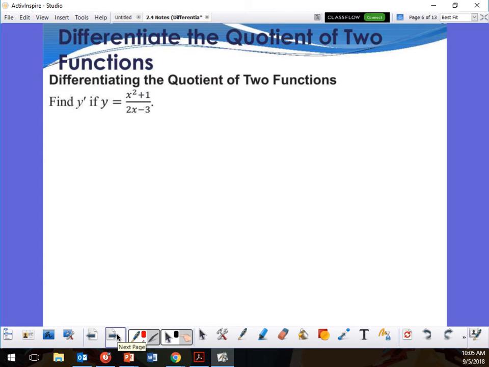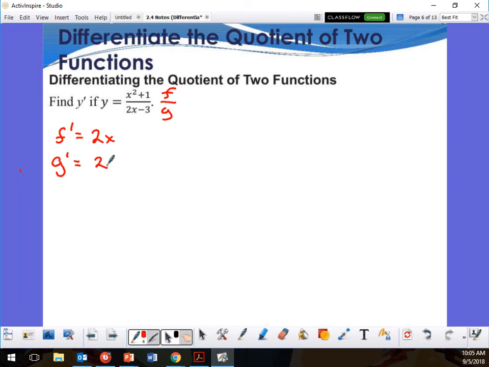All right, so now right here, I'm going to list it out. So my f prime is going to be what? It's f on top and g on bottom. f prime is 2x, g prime is 2.